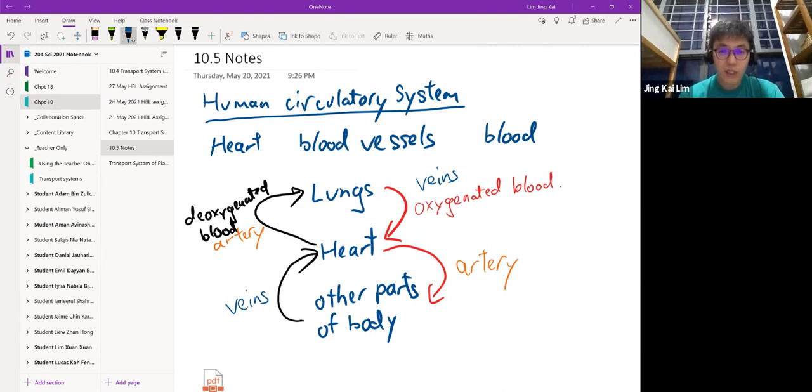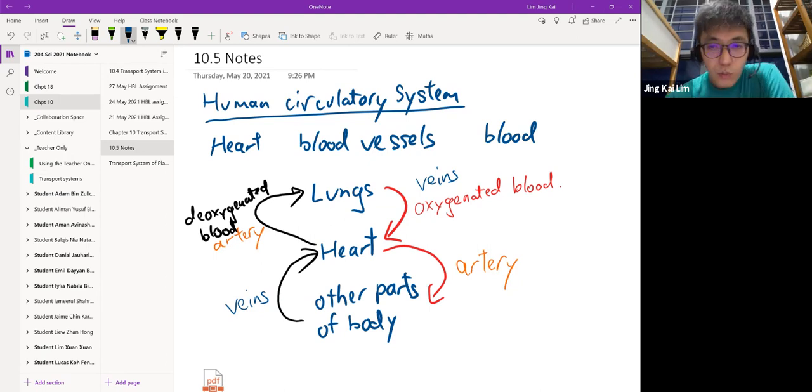So you can see that arteries don't necessarily carry just oxygenated blood; there is an artery that carries deoxygenated blood. On the other hand, veins don't necessarily carry just deoxygenated blood; there are also veins that carry oxygenated blood.